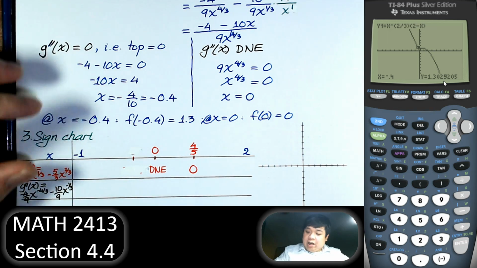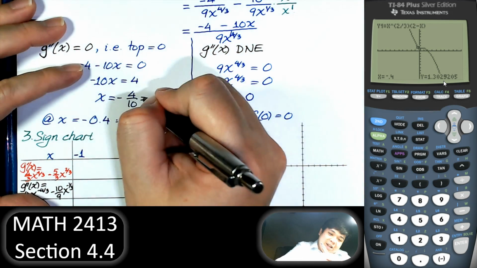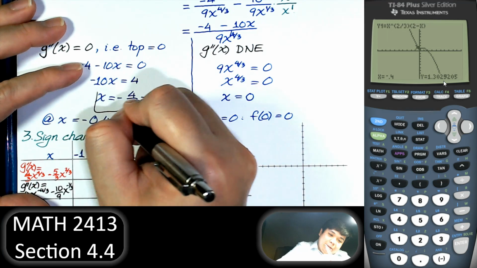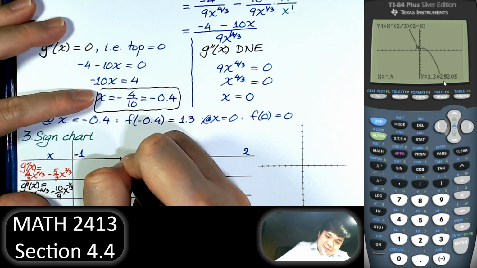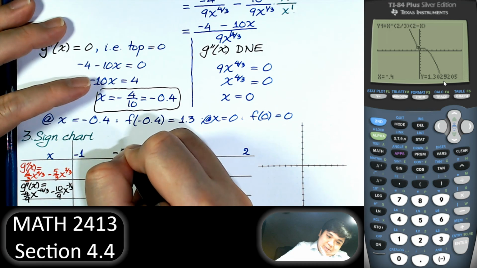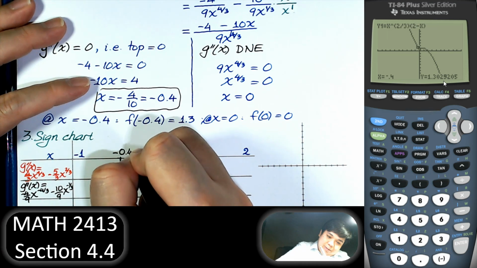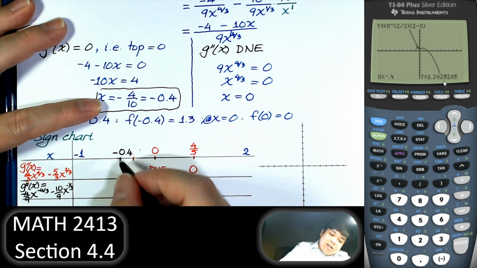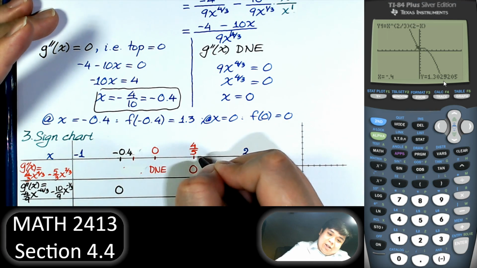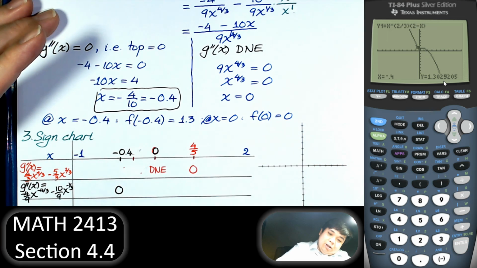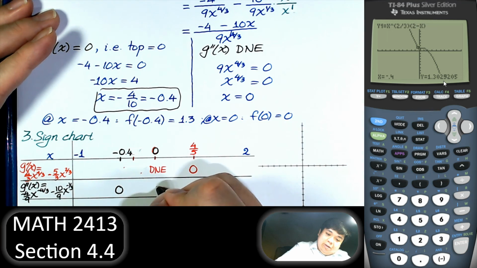For the second derivative, we have negative 0.4 and then 0. With that, the second derivative is equal to 0 at negative 0.4, and at 0 the second derivative does not exist.